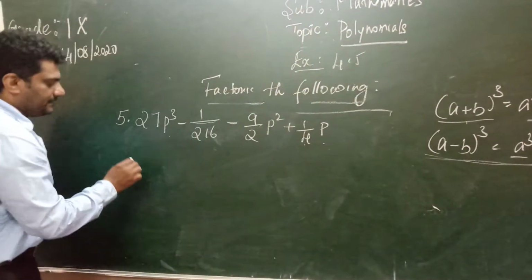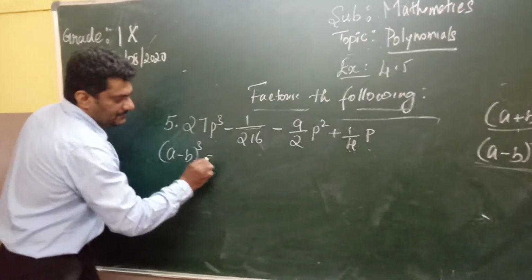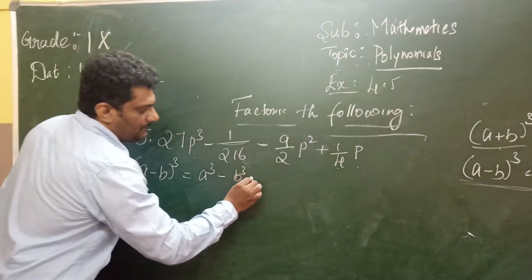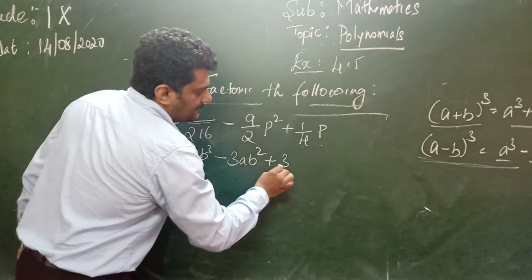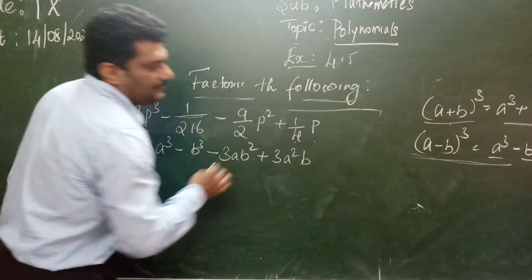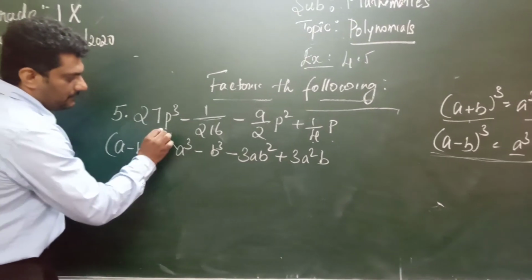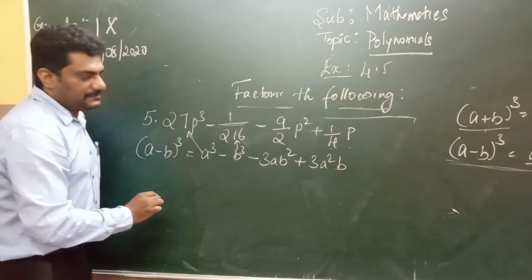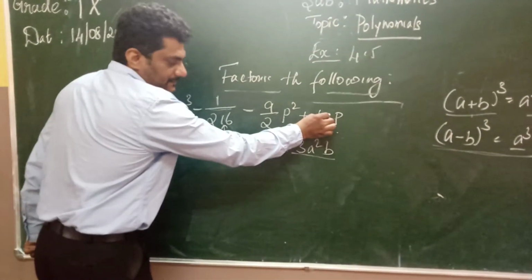The identity is a minus b whole cube is equal to a cube minus b cube minus 3ab square plus 3a square b. This is the identity. Now the first term you are writing like this. Second term you are writing like this. And this term, this, and this term, this.